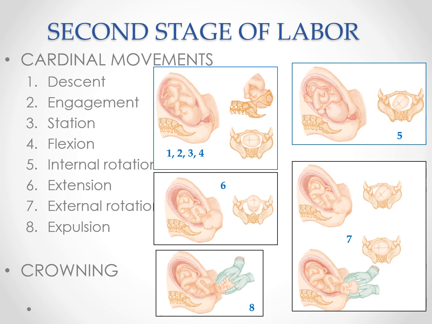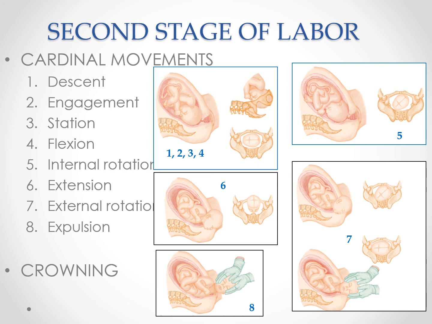So it only has to rotate slightly to get into the position for delivery. And if they were in the posterior position, they have to rotate all the way around themselves, and that can take a long time. There are some different things we can do to encourage that by positioning the mom in certain ways, putting her on the birth ball, and some other things that we can do if she's in the bed. But that is necessary.